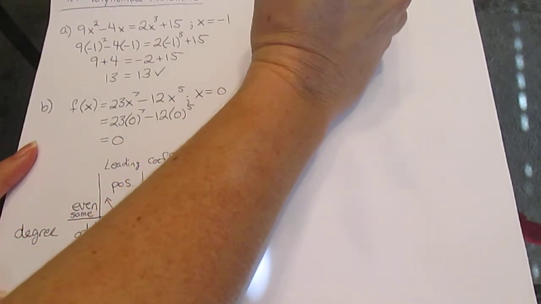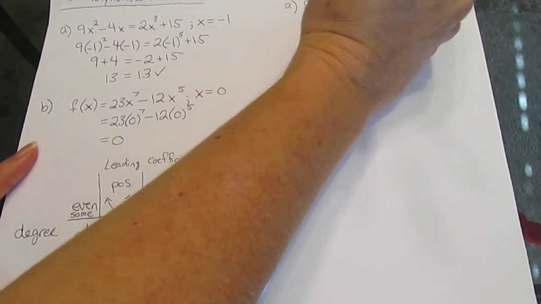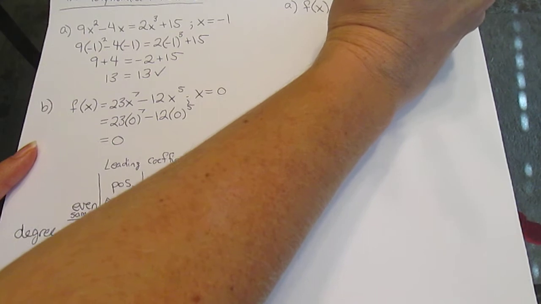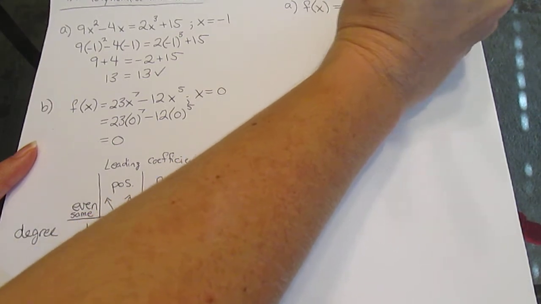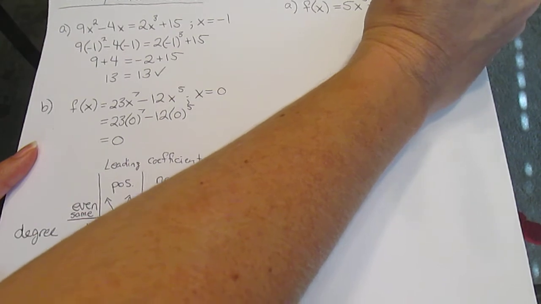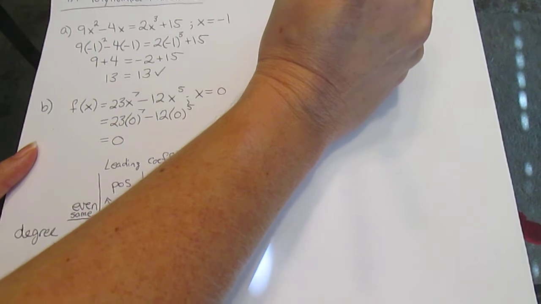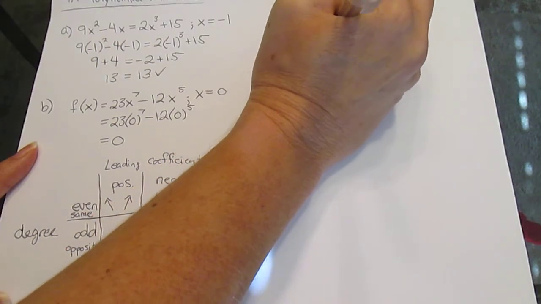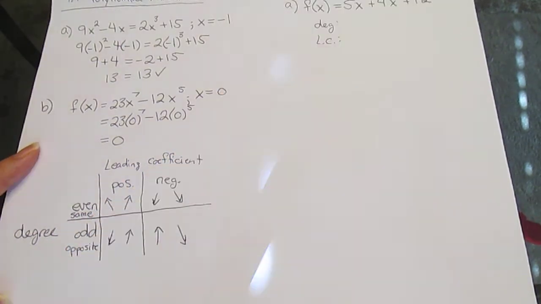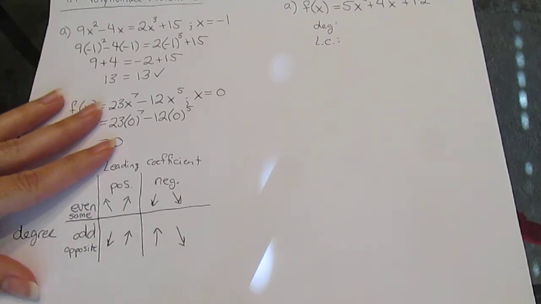Part A, they give me f of x equals 5x to the 5th plus 4x to the 7th plus 12. Okay, well first figure out what is the degree and what is the leading coefficient. I like to just put LC for leading coefficient so I don't have to rewrite the whole thing.